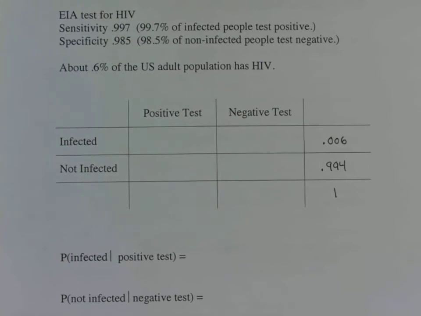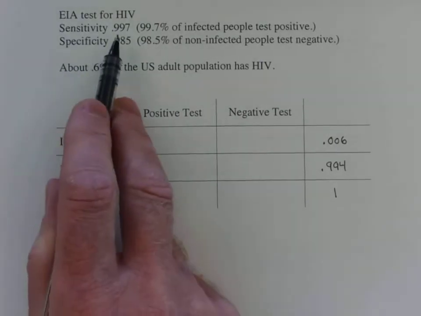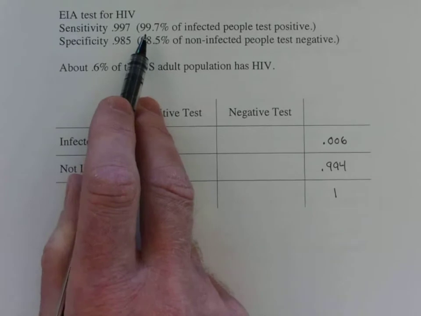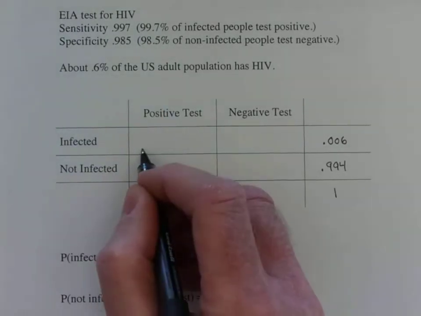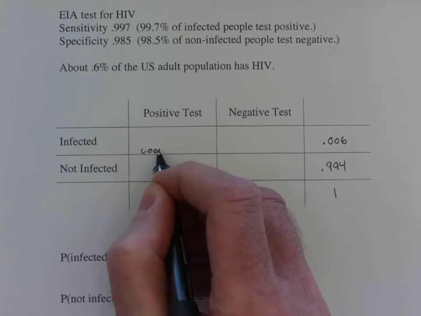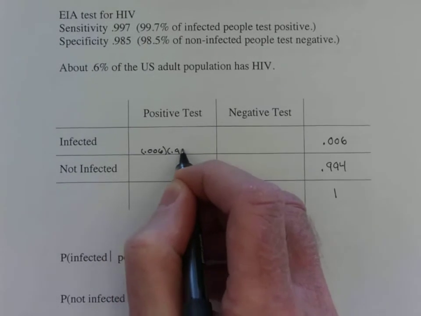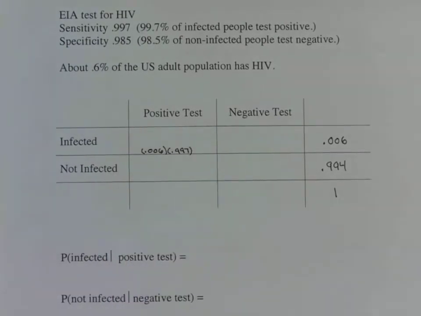And then we have to try to somehow fill in the body of the table. The way we get some traction is by noticing that 99.7% of infected people test positive. So we can fill in this cell by taking 0.006 times 0.997, and there's a fair amount of calculator button pushing that I'm not going to reproduce on this video.